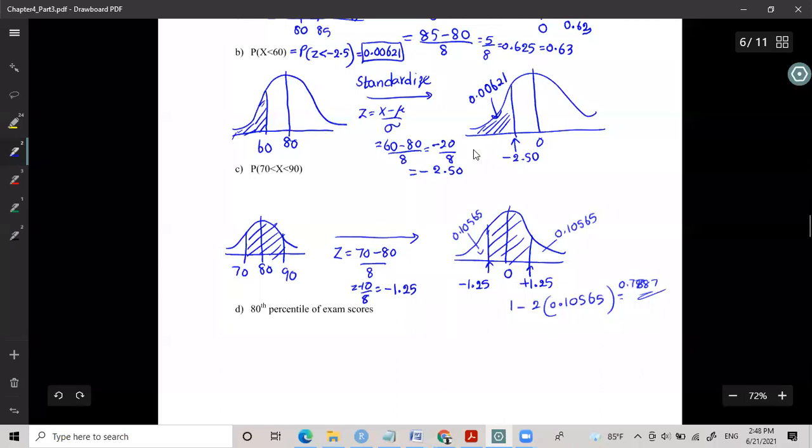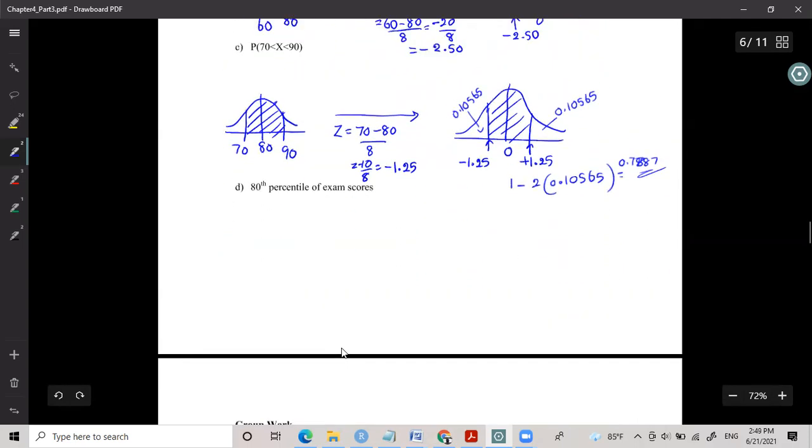Okay, right. So I hope you can figure it out. Is this clear to all of you? Finding the probability. Right. So we move on to the last part.